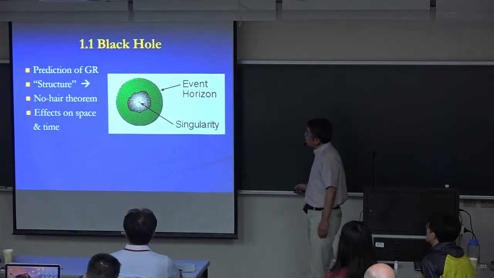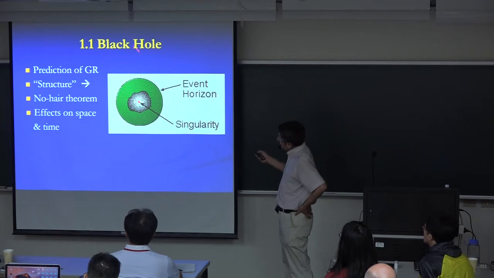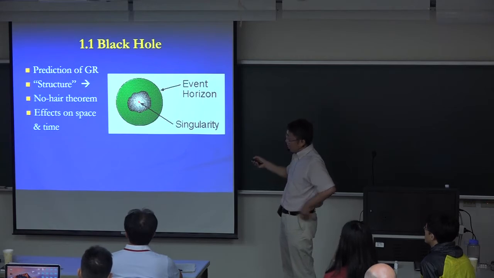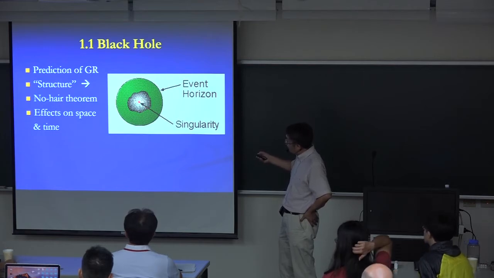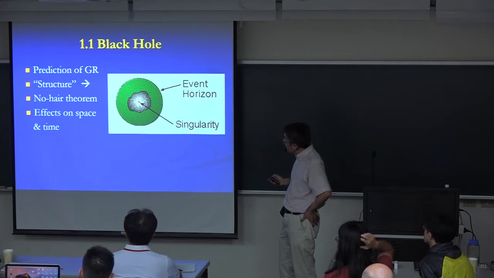So first, of course, I will very briefly mention what a black hole is. This is a prediction of general relativity. The structure of the black hole is quite simple. It is composed of the event horizon, which can be regarded as the surface of the black hole, and also the singularity. All the matter is concentrated in this point according to GR.